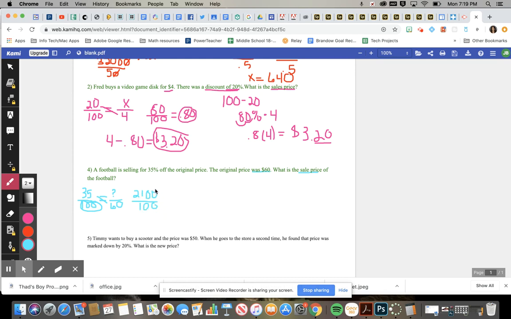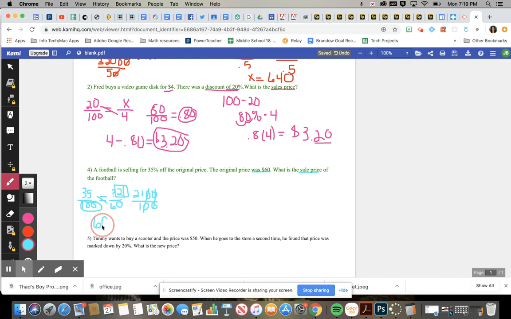All right, again, cross off the 2 zeros. What's 21 divided by 1? Well, that's $21. Okay, so this is the amount that it is off. That's the amount off of the original price.